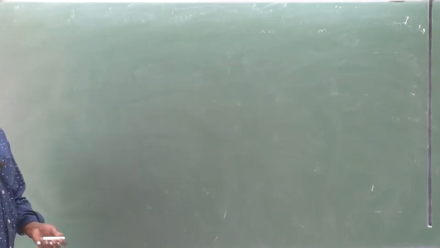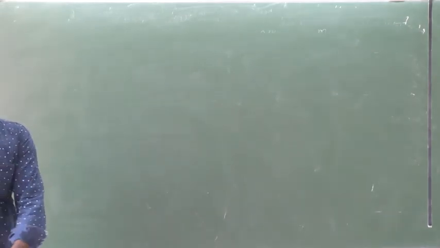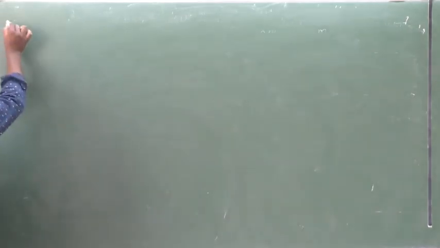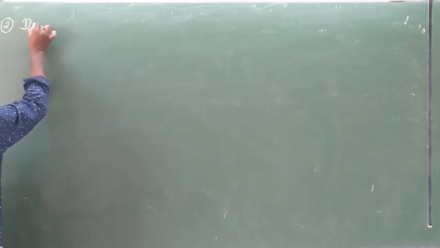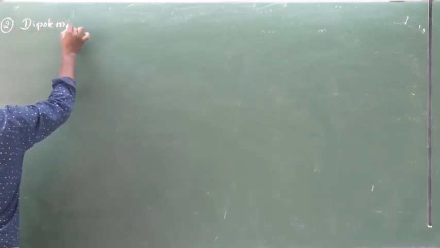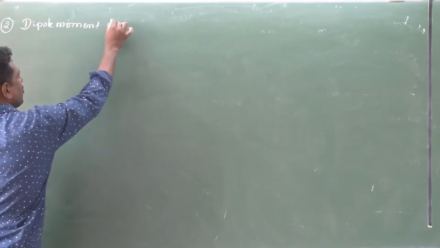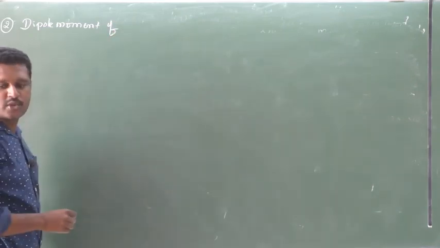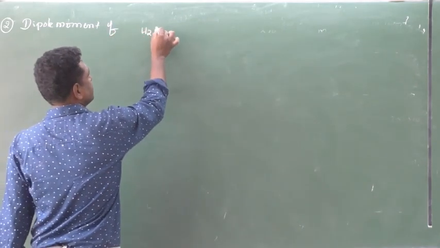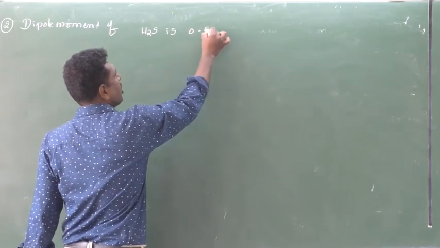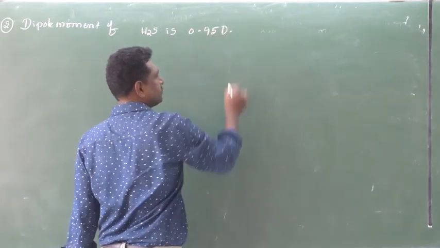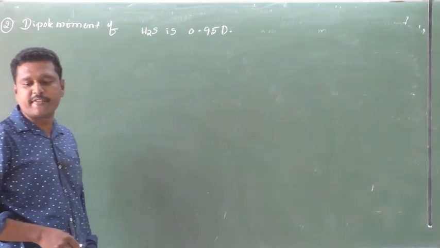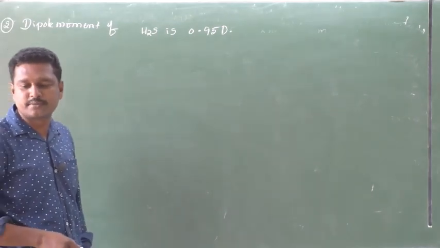The next problem is based on bond moment. The dipole moment of H2S is 0.95 debye. Find the SH bond moment.